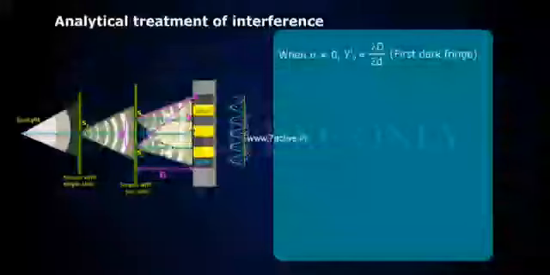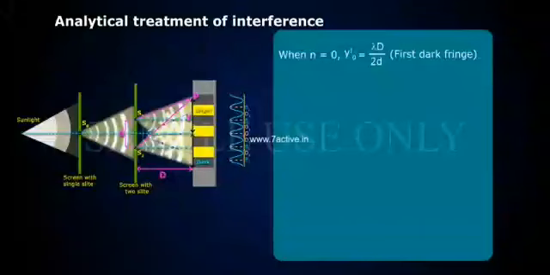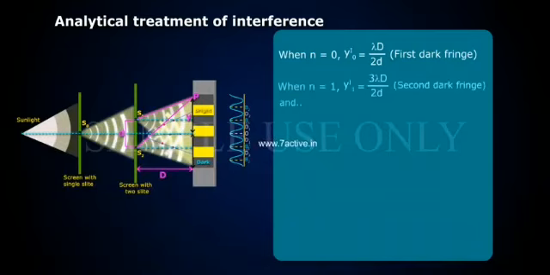When n = 0, y'0 = λD/2d, first dark fringe. When n = 1, y'1 = 3λD/2d, second dark fringe, and so on.